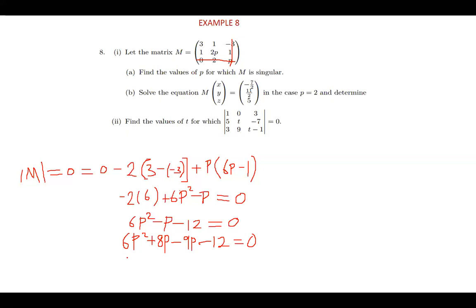So here we factorize, what is common there is 2p, and then you open brackets, 2p into 6p squared is 3p, 2p into 8p, you have your positive 4 there, then close like that. The common there is going to be negative 3. When you divide negative 3 into negative 9p, you get 3p. Then negative 3 into negative 12, you get positive 4.